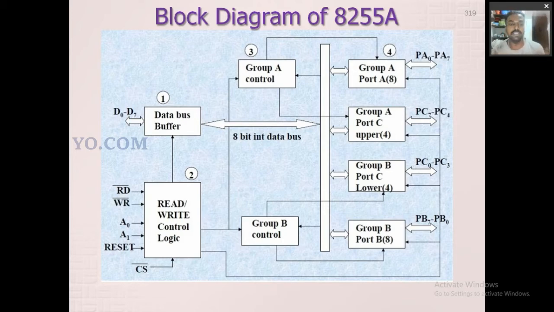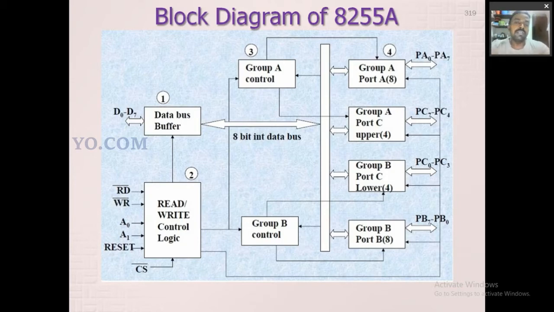It is 8-bit. The second one is the read-write control logic. By using this control block, the entire IC is controlled by the commands coming from the microprocessor. The commands, that is read, write, reset and chip select, are signals coming from the microprocessor as input, given to the read-write control logic. The read-write control logic controls the entire blocks in the 8255.